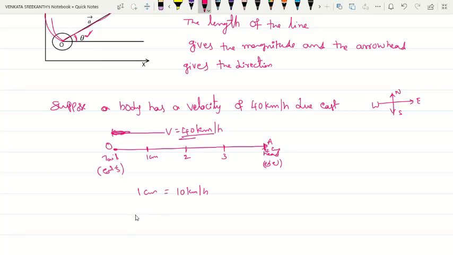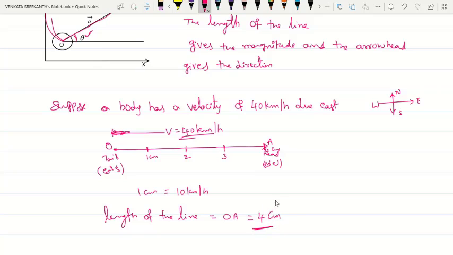The total length of the line, OA, is equal to 4 centimeters.